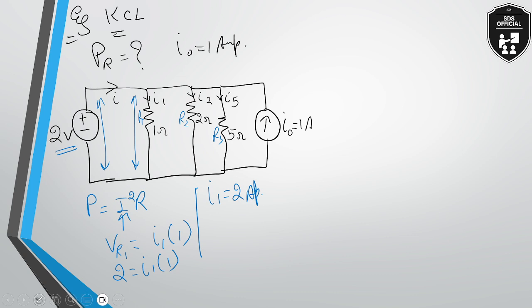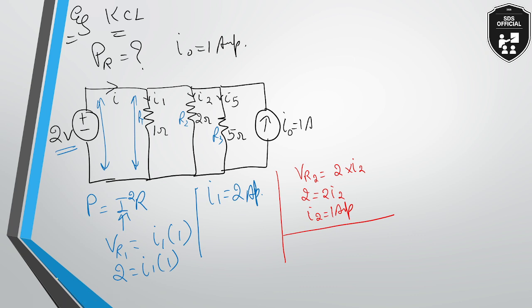Any doubt? No, sir. Okay. So similarly for the second resistor, VR2 will be 2 into I2. Similarly, these are also in parallel, so the voltage will remain the same. So I2 will be 1 ampere.